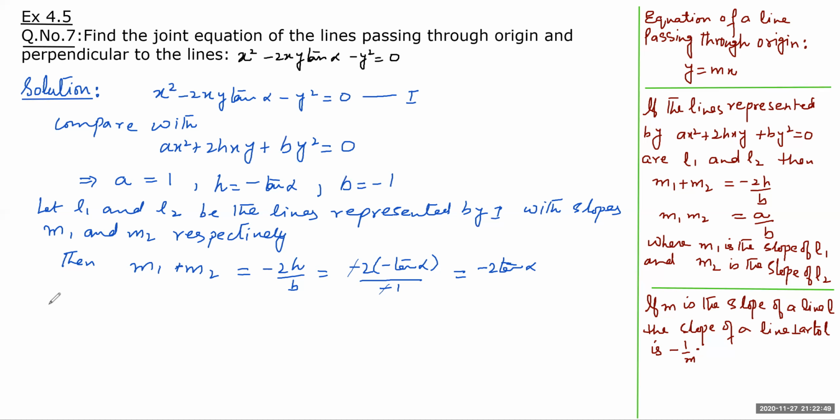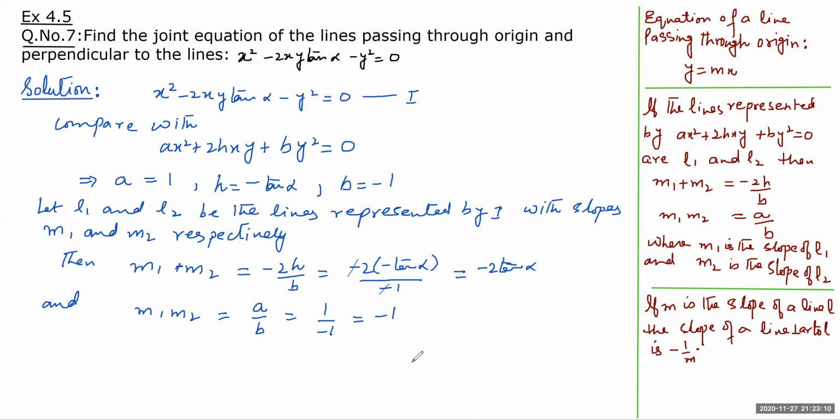Now, m1 m2. What is m1 m2? It is a by b. What is the value of a? It is 1. The value of b is minus 1. So the result is minus 1.